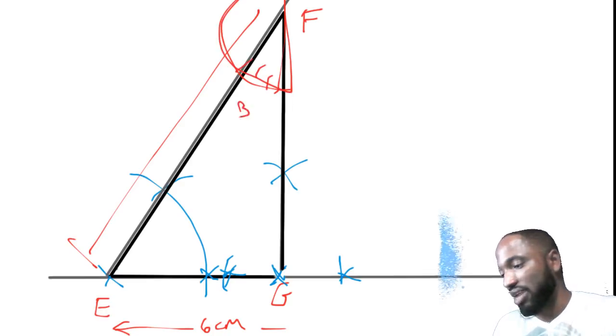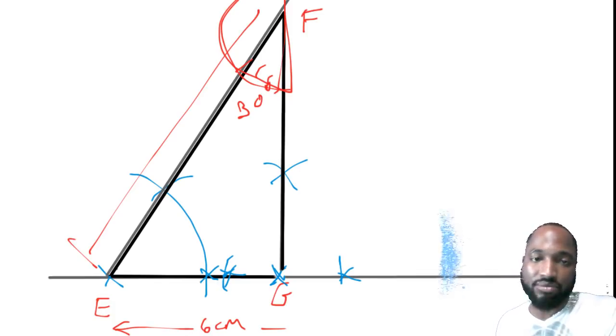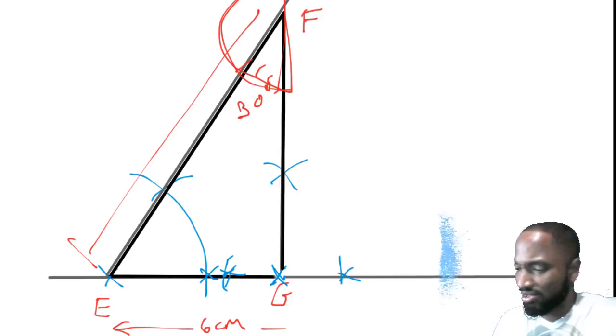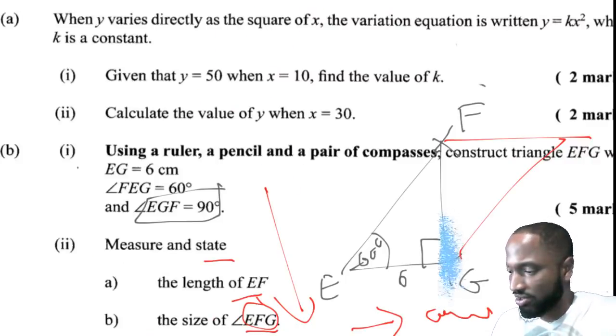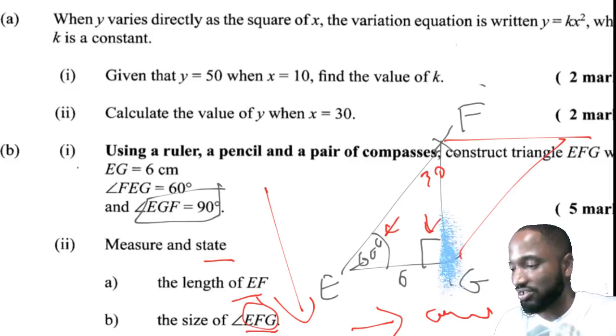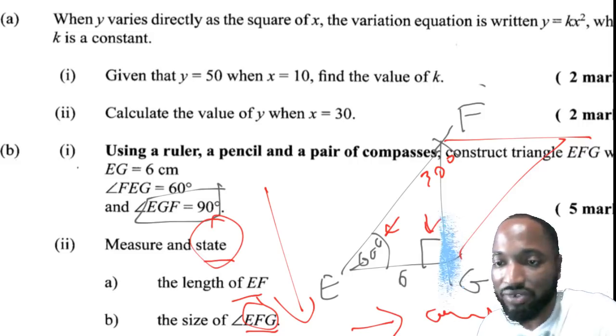That's looking like about, by this estimating, 30 degrees. Yeah, it could be 30 degrees because this is 60 and this is 90, so it could be 30 degrees. But this is to measure and state, so make sure it's looking like 30 degrees on your graph.